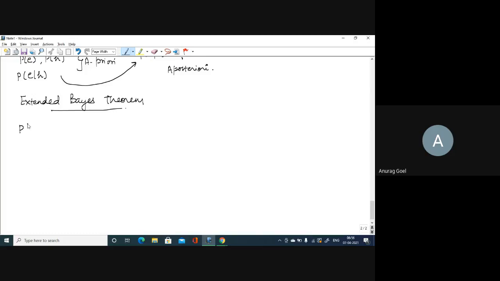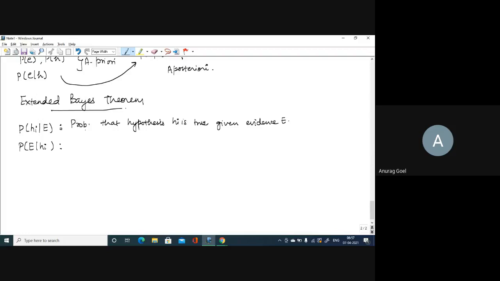So P of Hi given E. What is this? This is the probability that hypothesis Hi is true given evidence E. Okay. So what is P of E given Hi?